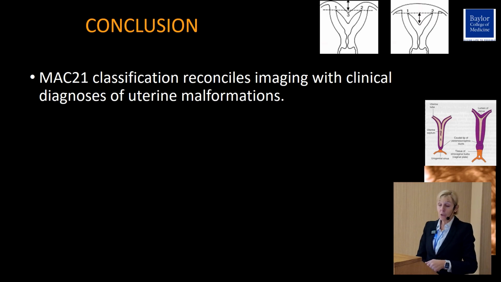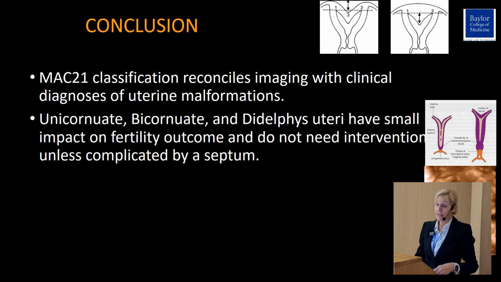And then the unicornuate, bicornuate, and didelphous uterus have a small impact on fertility outcomes and do not really need intervention unless they're complicated by a septum. The uterine septum has implications on fertility and on adverse pregnancy outcomes, and it should be incised when greater than 10 millimeters, according to the latest classification in the United States.